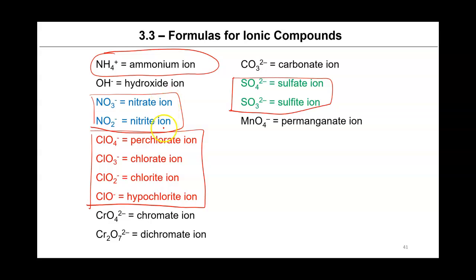In the case of nitrate, the "ate" is the ion with the most oxygen, and the "ite" is the anion with the least oxygen, and then the same holds true for sulfate and sulfite. And we already covered this, but when we have a family of 4, it goes per-ate, ate, ite, hypo-ite.